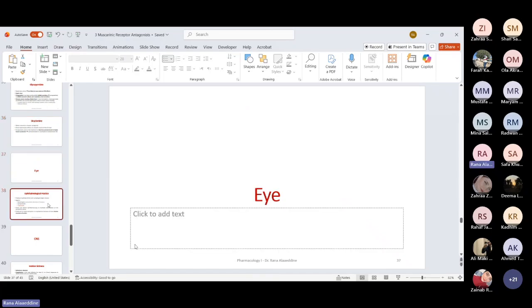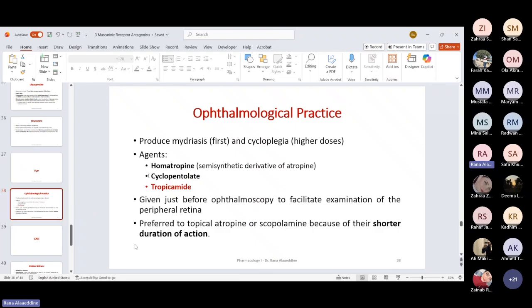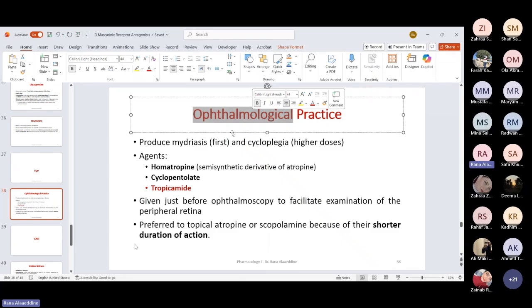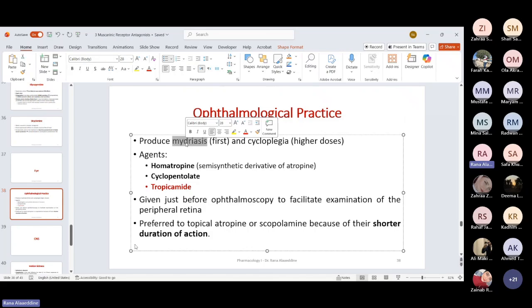Now, what about the eye? Guys, we just mentioned the idea. Patients who go to the eye doctor, or ophthalmologist, will have to be examined. The doctor has to see the inside of their eye. For them to be able to see the inside of the eye, there has to be some sort of mydriasis, so they can see inside of the pupil.